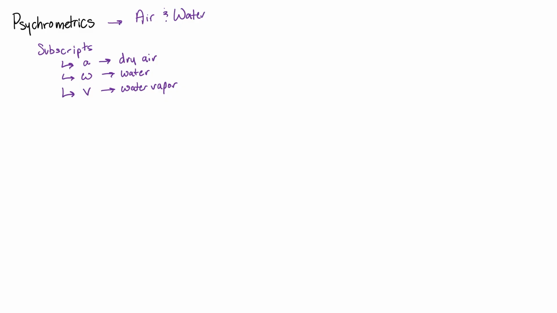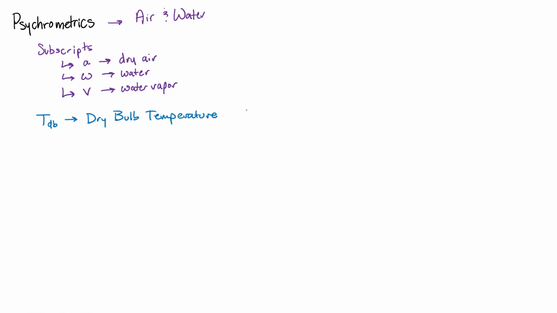So with this, when we talk about our different systems, we are going to talk about several different terms here. The most common thing is our dry bulb temperature, or TDB. Our dry bulb temperature is simply our temperature. This is the temperature of our overall mixture.